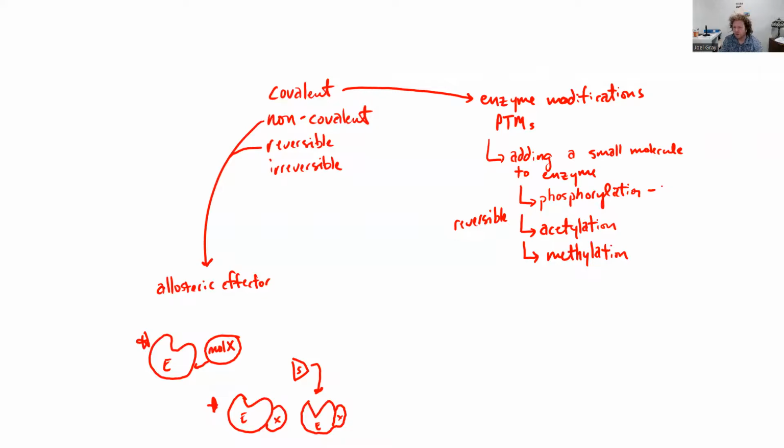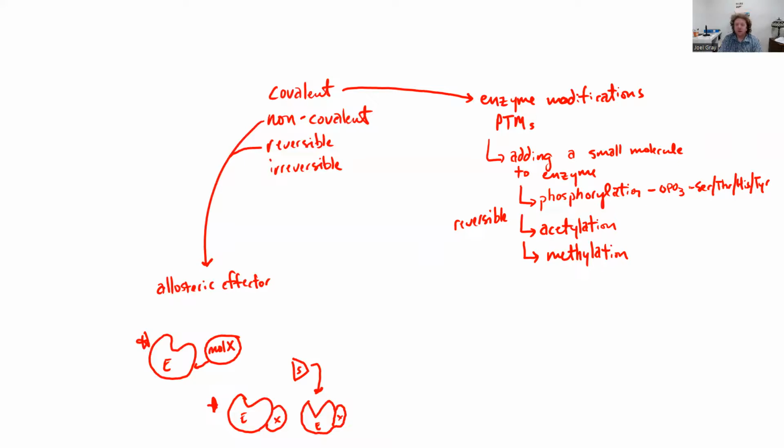So you generally see it depicted as OPO3 added to an amino acid like serine, threonine, histidine, or tyrosine. Keep in mind this amino acid is found within our entire protein.